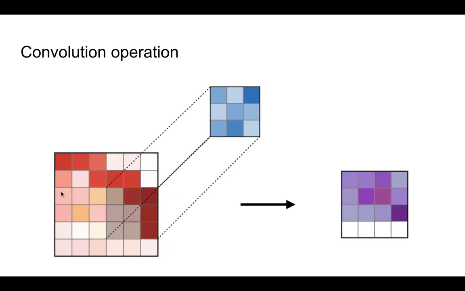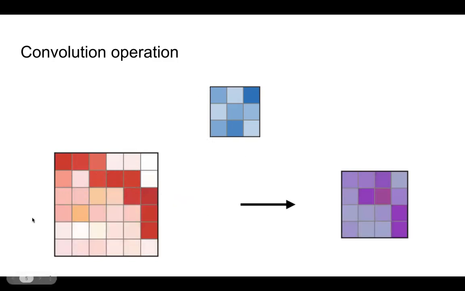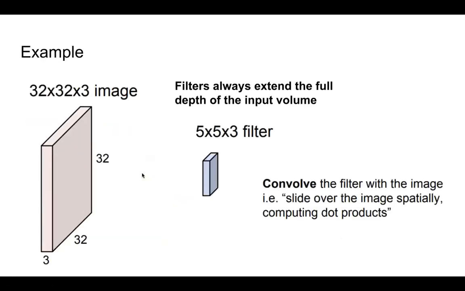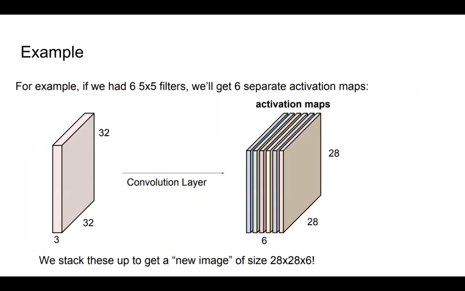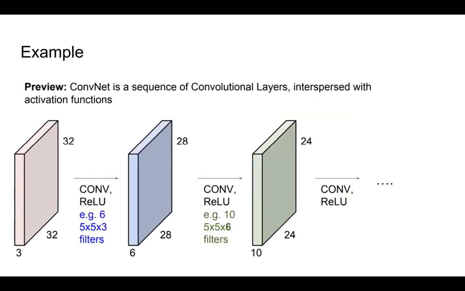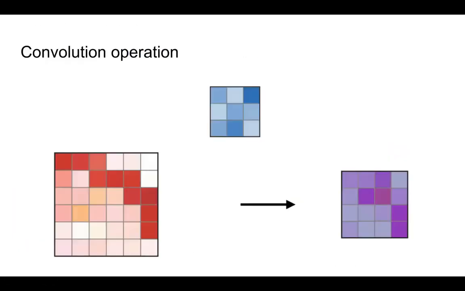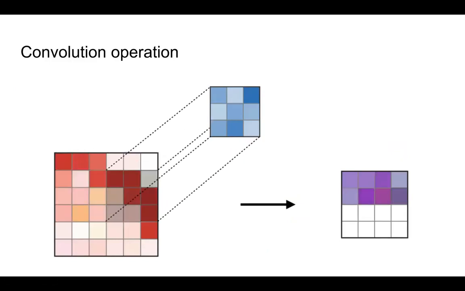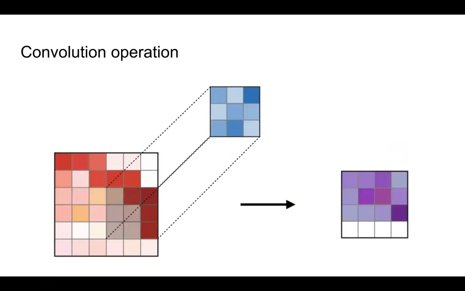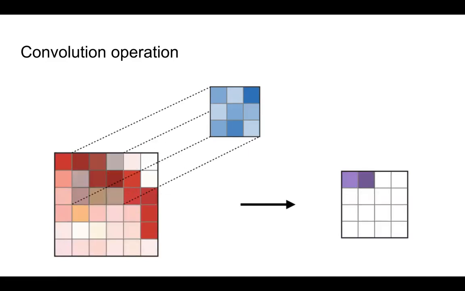So what happens in the operation is that you take the filter values, you multiply them with all those pixel values, which is not showing here. You multiply them, then you add them.